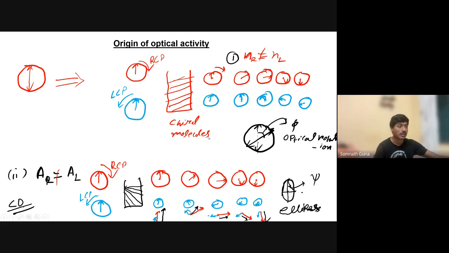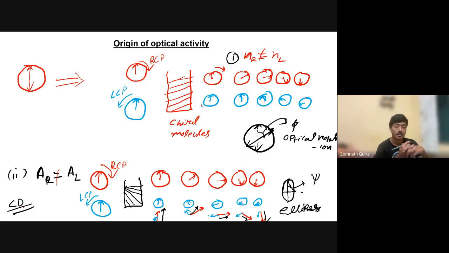On the other hand, if the light gets slowed down, that means if the light faces a different speed, that is a different refractive index, in the solution phase, then it shows the optical rotation.